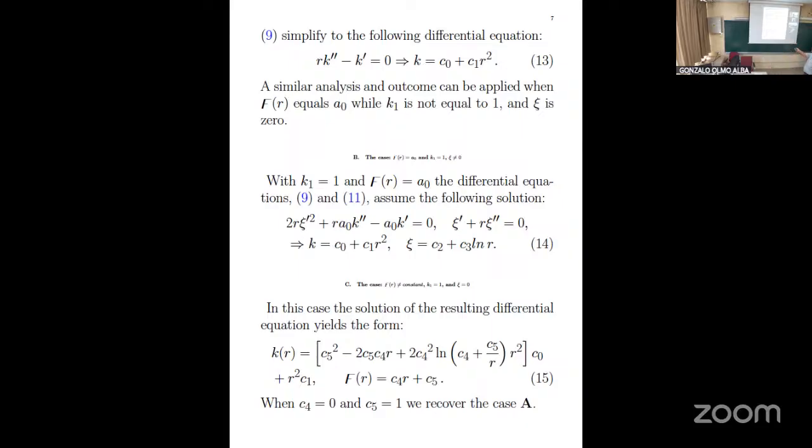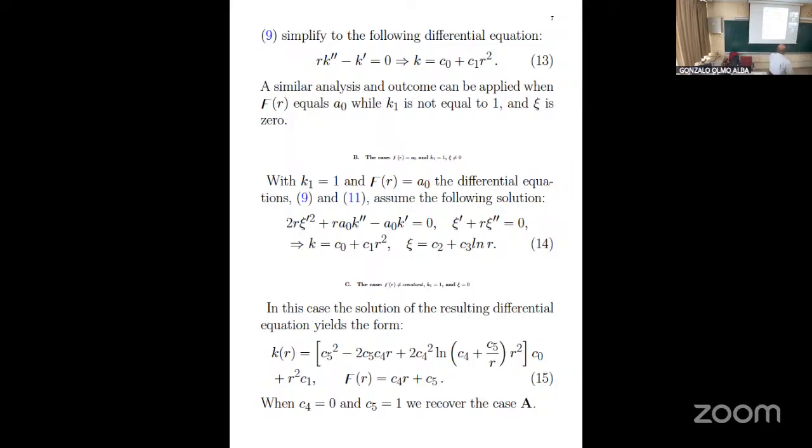The second case will be taking f of r also equal to constant, and k1 equal to 1, and xi not equal to 0. In that case, this will be the system whose solution will be given by this one, which is also the charged BTZ of Einstein. So till now we didn't get any new solution.